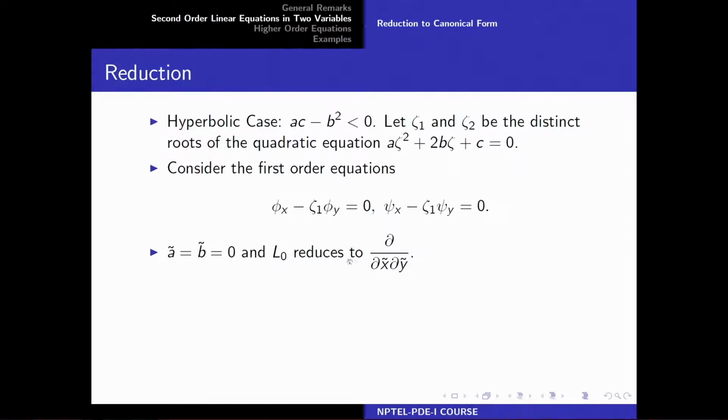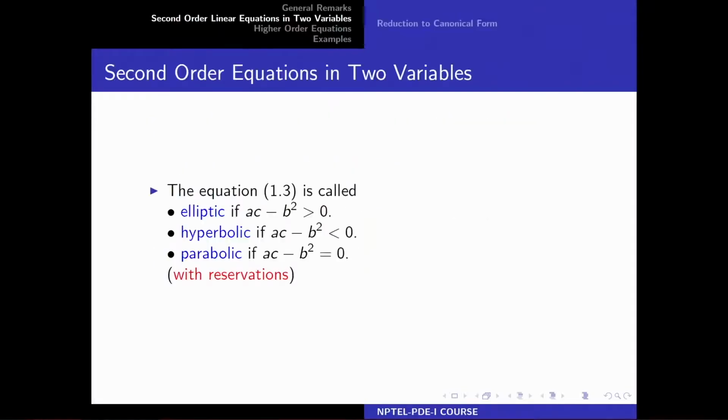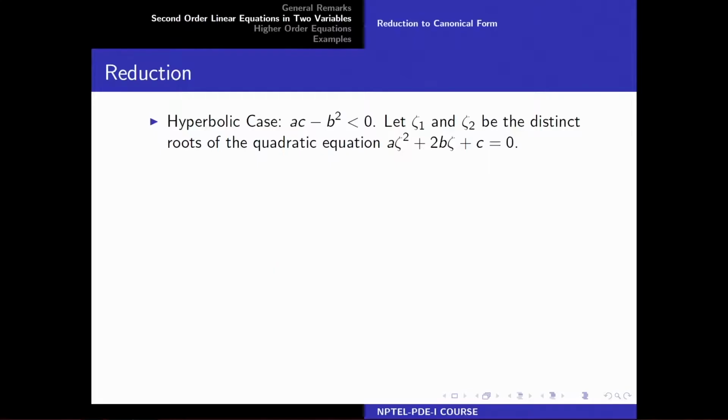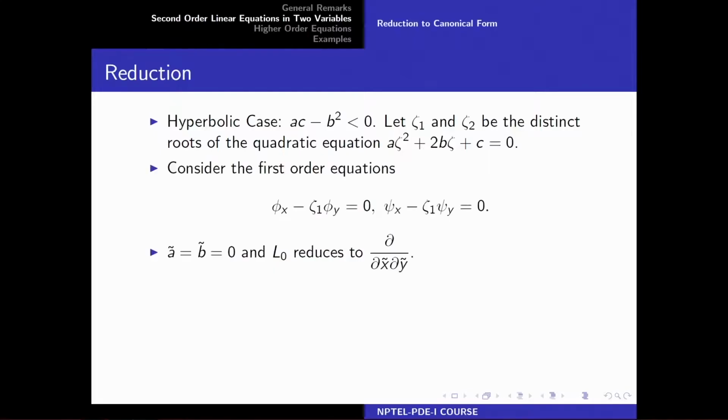And so, L 0 reduces to only the middle term, the mixed derivative. So, A tilde is 0, C tilde is 0, and you get only the mixed second order derivative, and just one more step to get rid of that mixed derivative.